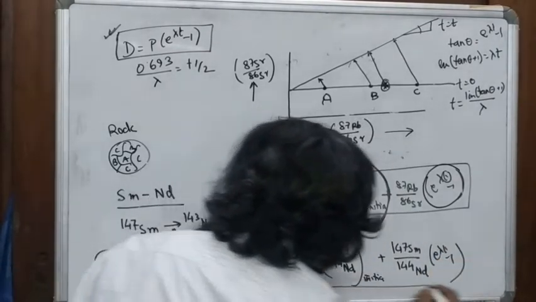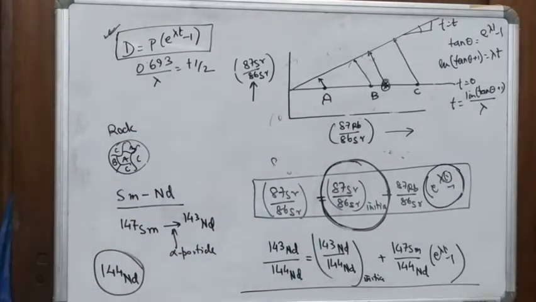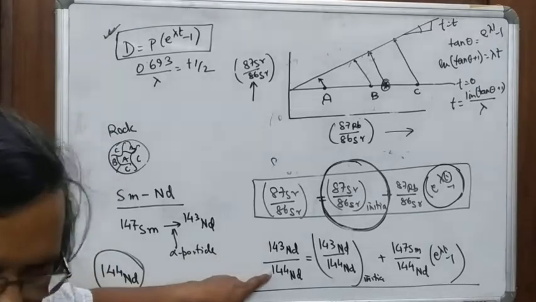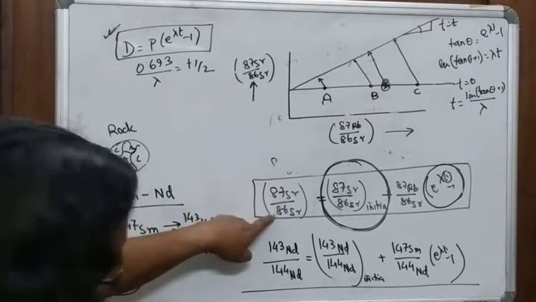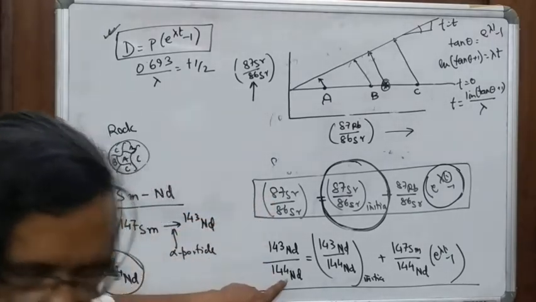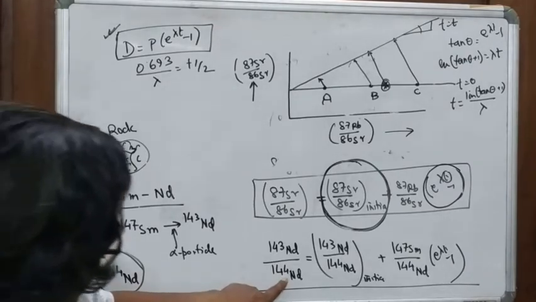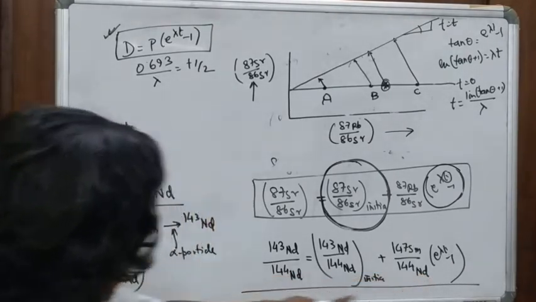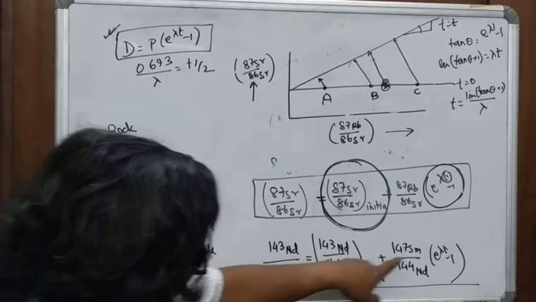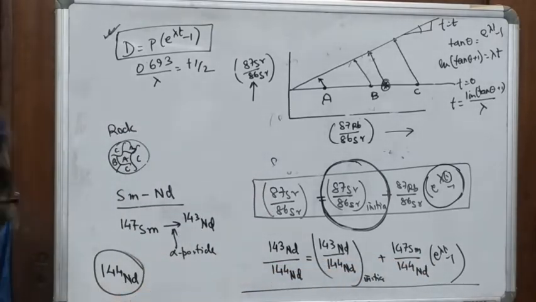It's basically a similar equation. Right? So it's 143 neodymium by 144 neodymium, like 87 strontium by 86 strontium, and 144 neodymium is non-radiogenic, so its concentration does not change. So this is the equation for samarium and neodymium.